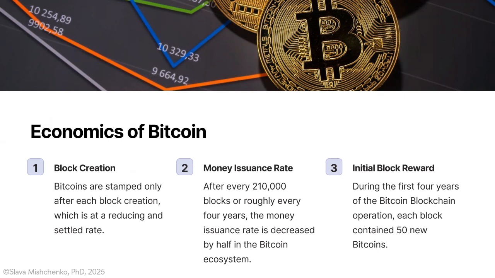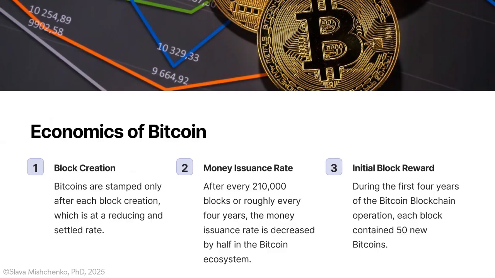Let me give you a specific example. During the first 4 years of Bitcoin's existence, miners received about 50 new Bitcoins for each block they created. After the first halving, this dropped to 25, then to 12.5, and so on.